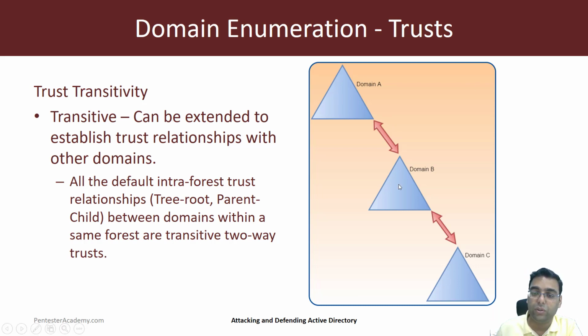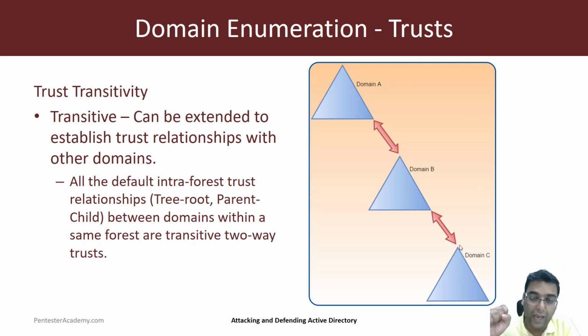That is, if A equals B and B equals C, then A equals C. That is what trust transitivity means. If domain A trusts domain B and domain B trusts domain C, then domain A and domain C would also have a bidirectional trust relationship.